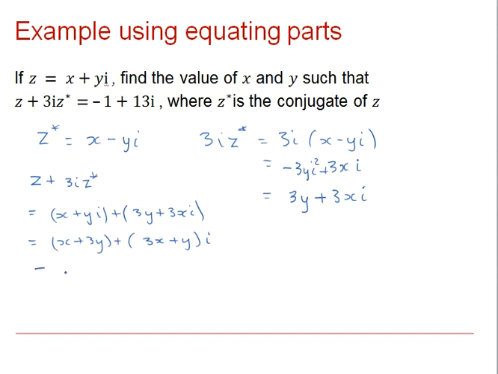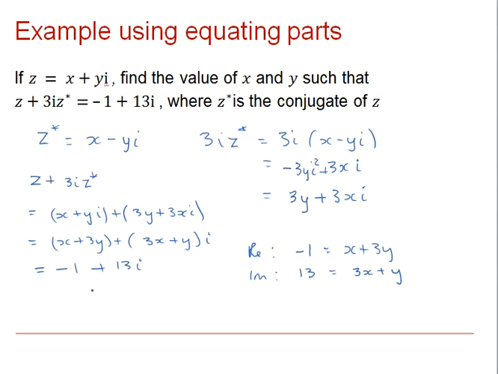Now, we've been told that that equals minus 1 plus 13i. And again, using this idea that the real parts must be the same, we can then say that minus 1 equals x plus 3y. And the imaginary, that coefficient 13, is going to be the same as 3x plus y.